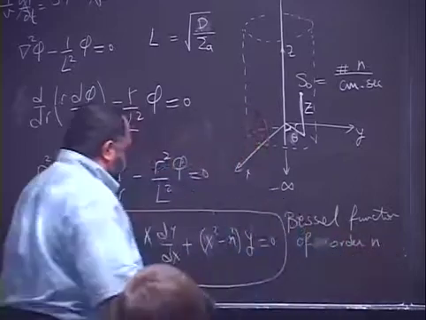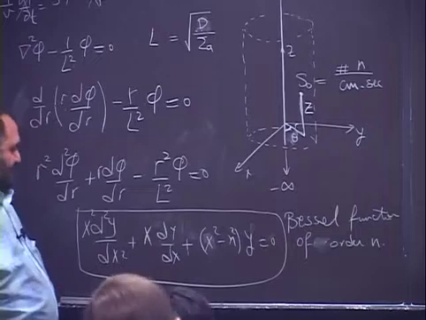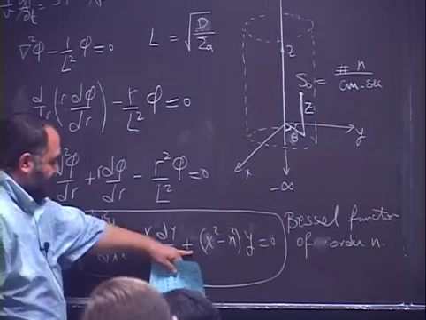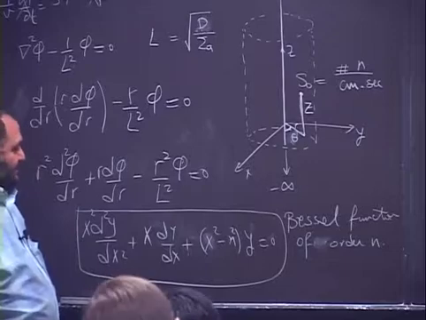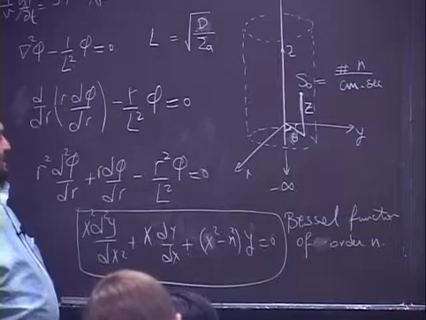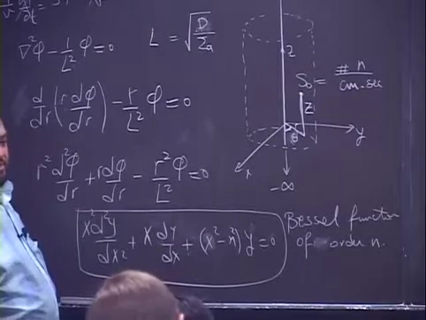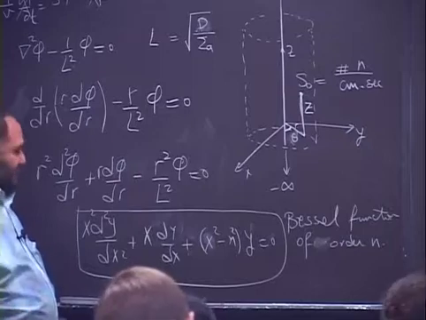If you have this negative, it will be the modified Bessel function. So if you have negative instead of positive, it will be the modified Bessel function. And if n equals 0, this will be the 0th order of the Bessel function.